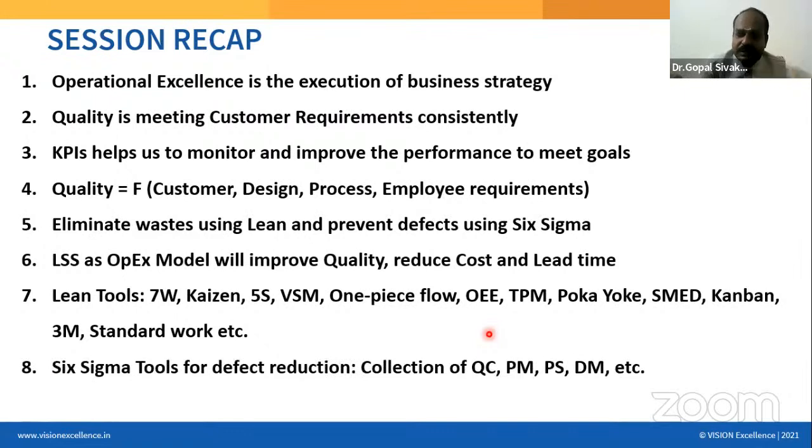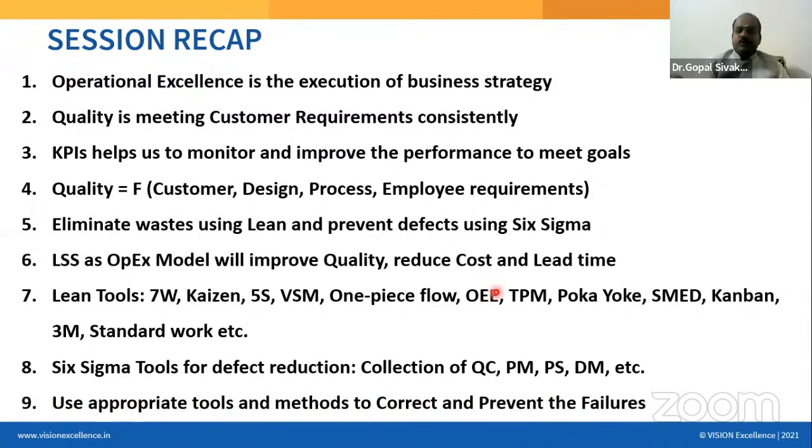Similarly, there are several Six Sigma tools which you can make use of to solve any kind of quality problem and make your business processes super effective. So use the appropriate tools, methods, and techniques so that you can correct the failures as well as prevent the failures, and your business results will become predictable and reliable.